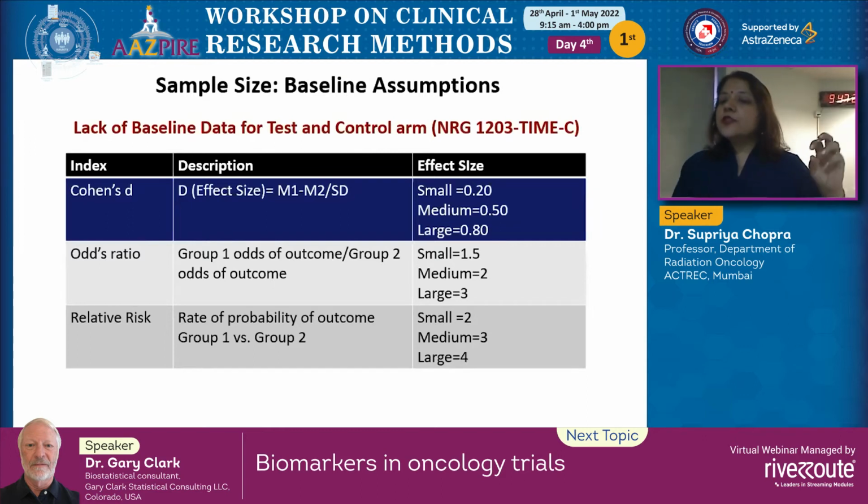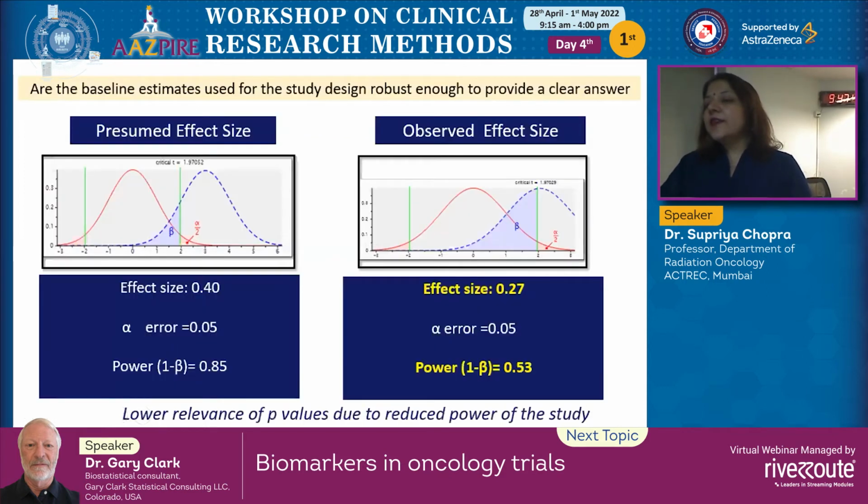NRG US used effect size, which is used when you don't have real estimates. You can say mild, moderate, and severe, or a lot of effect. They chose an effect size model and decided that this intervention probably has a medium effect of 0.4. So they had no estimates; they thought it would be 0.4.